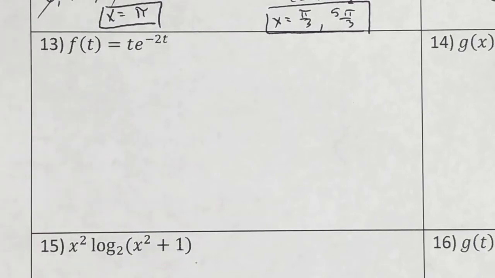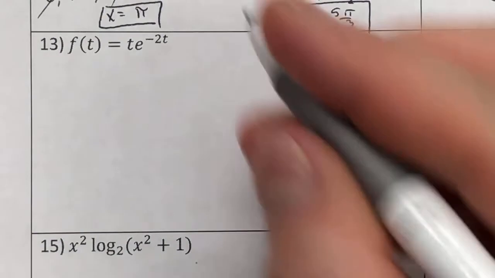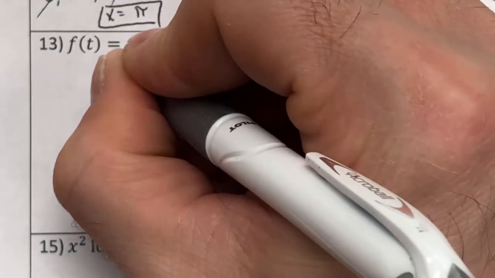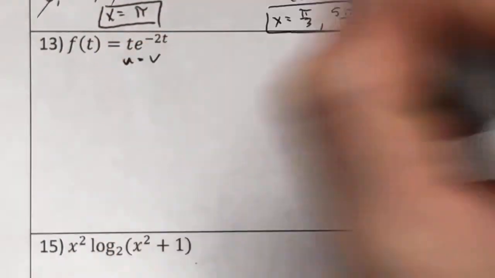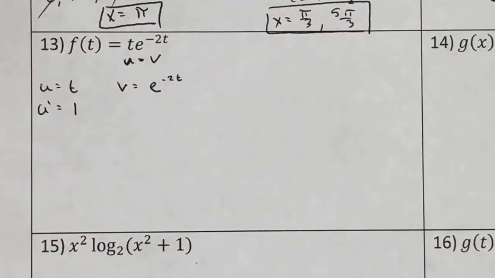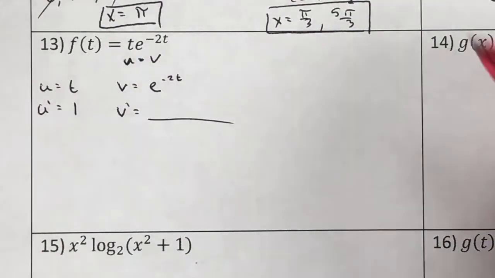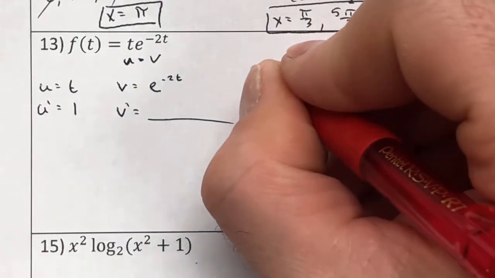Number 13. Again, we're looking at a u times v problem. If I have a u times v, my u is t, so u prime is 1. V is e to the negative 2t, which means for v prime, I'm going to have to come over here and do a subroutine, which isn't going to affect it too terribly much.